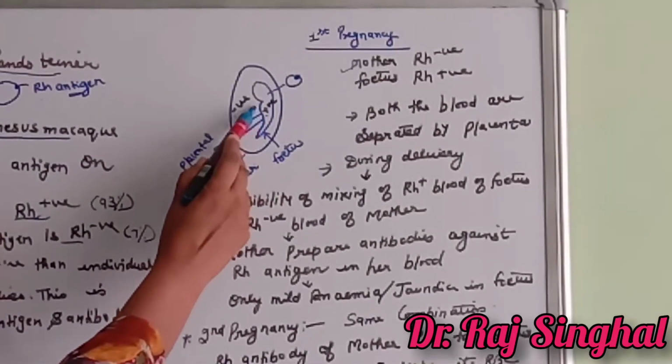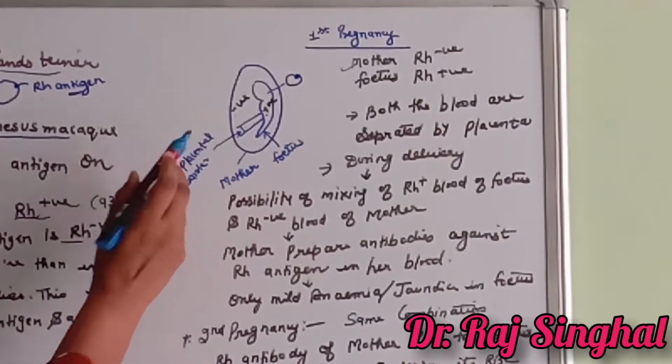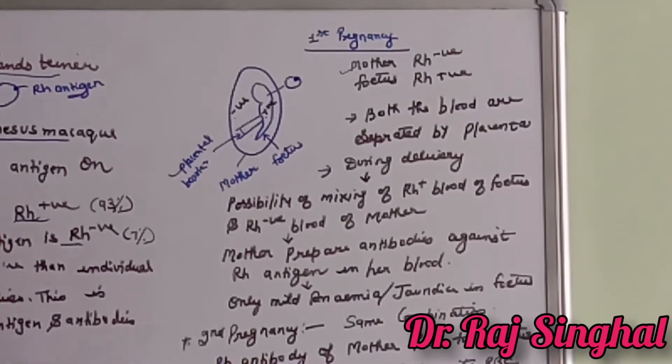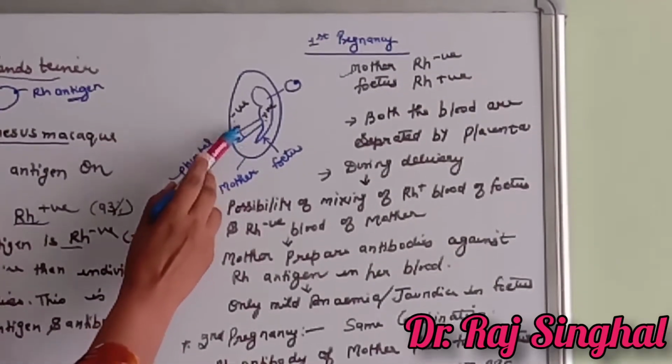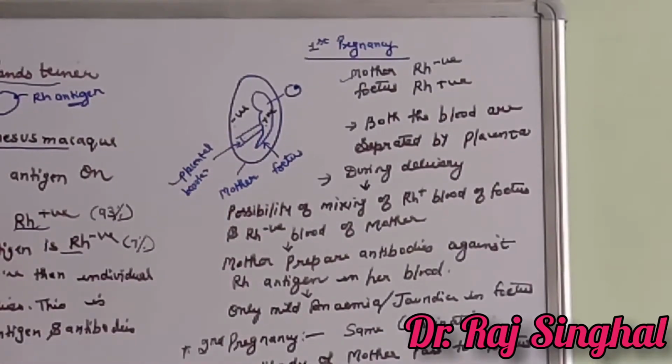Both the blood of the mother and the fetus are separated by a barrier which is known as the placental barrier. Now, during gestation there is no problem because there is no mixing of blood.